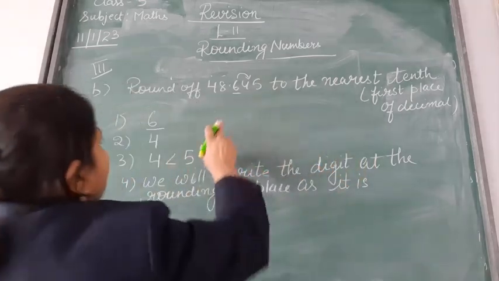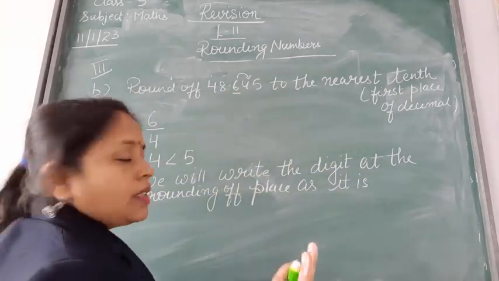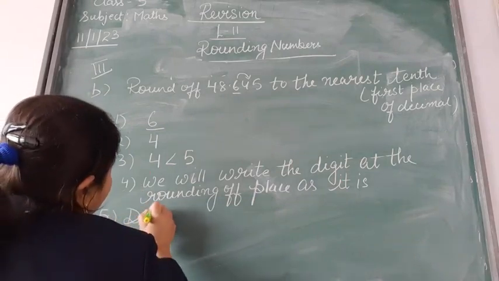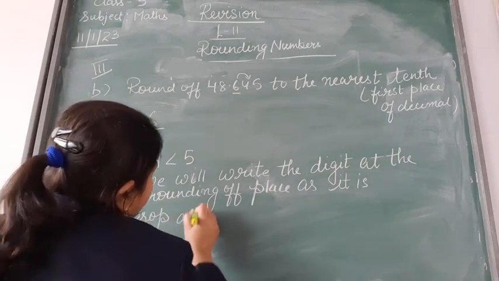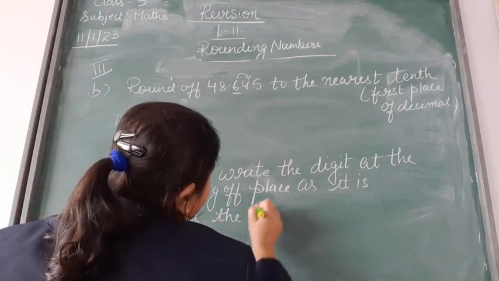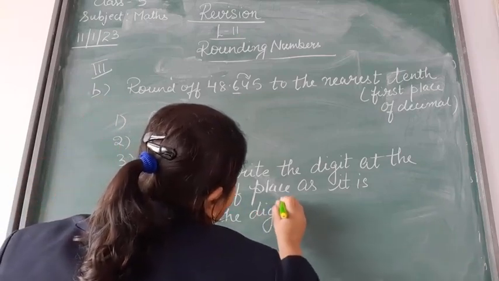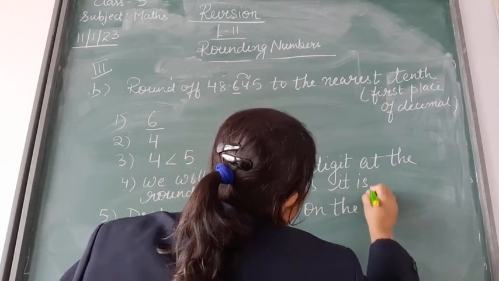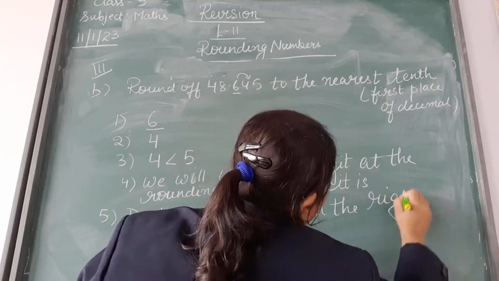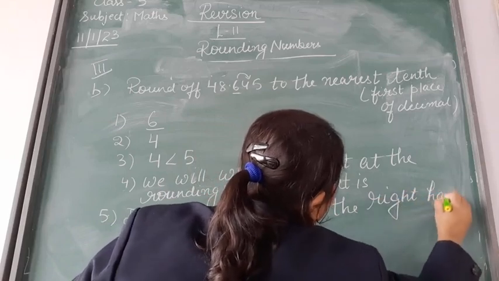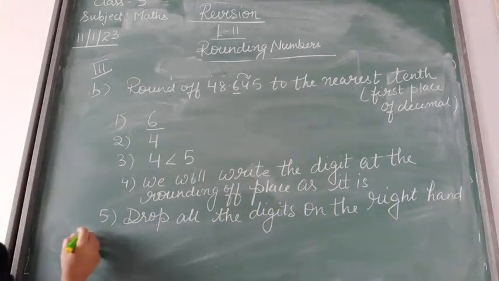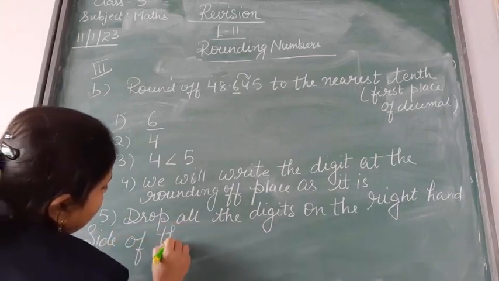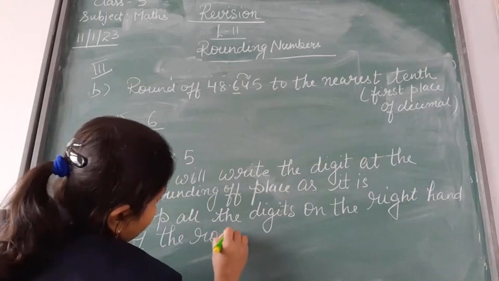So 6 will remain 6. Okay. And in the last step, we will drop all the digits on the right hand side of the rounding off place.